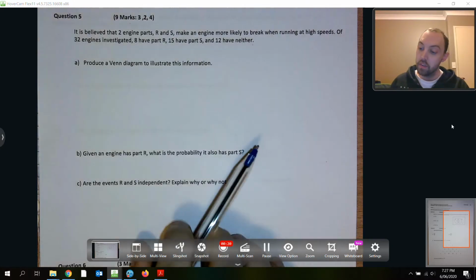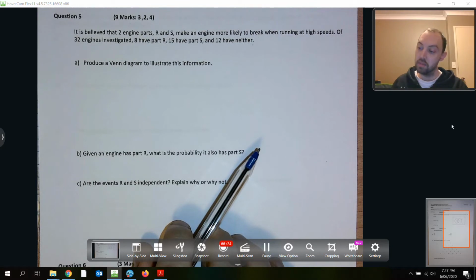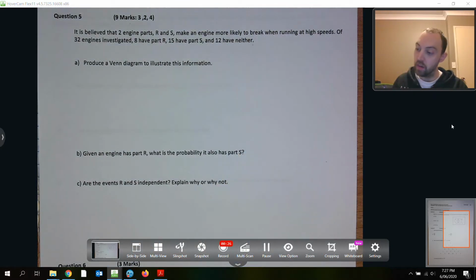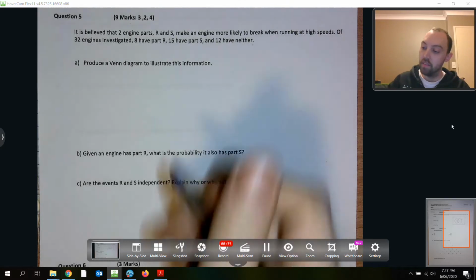Alright, so question 5. It is believed 2 engine parts, R and S, make an engine more likely to break when running at high speeds. Of 32 engines investigated, 8 have part R, 15 have part S, and 12 have neither.